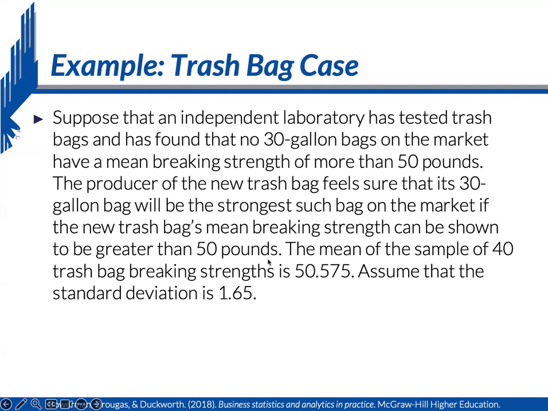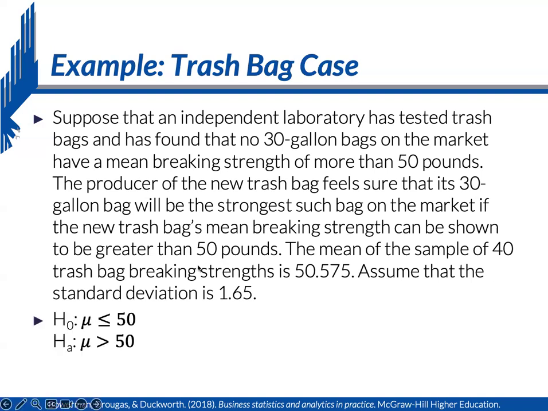So in this particular example, our alternative hypothesis, the objective that we are trying to support, or the objective that our sample is also suggesting, is that the average is greater than 50 pounds. And therefore, the null hypothesis should be the opposite, which is that the average is less than or equal to 50 pounds.